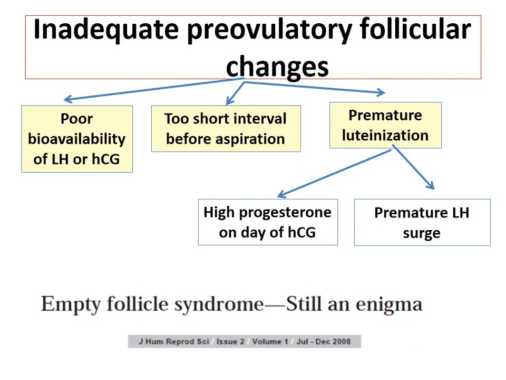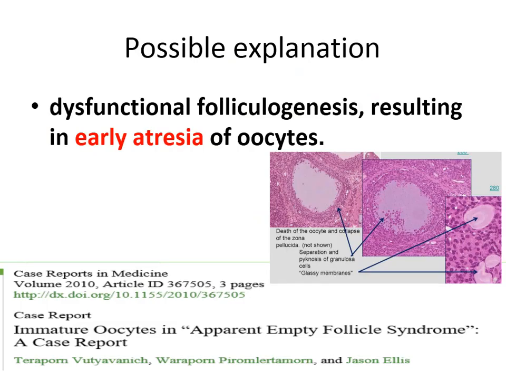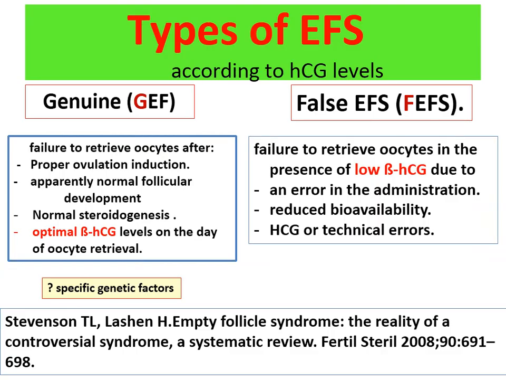So too short an interval may be a mechanism. Premature luteinization, like premature LH surge, high progesterone on the day of HCG, all these can be mechanisms. Others may be dysfunctional folliculogenesis resulting in early atresia of oocytes.